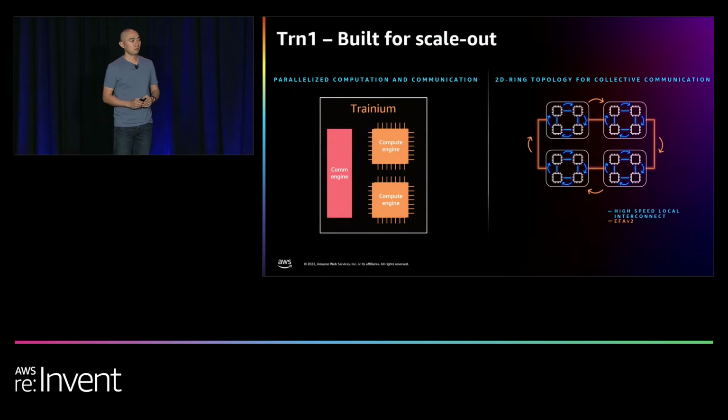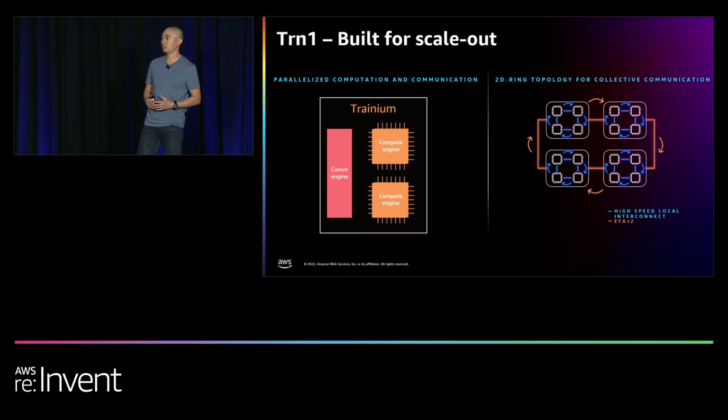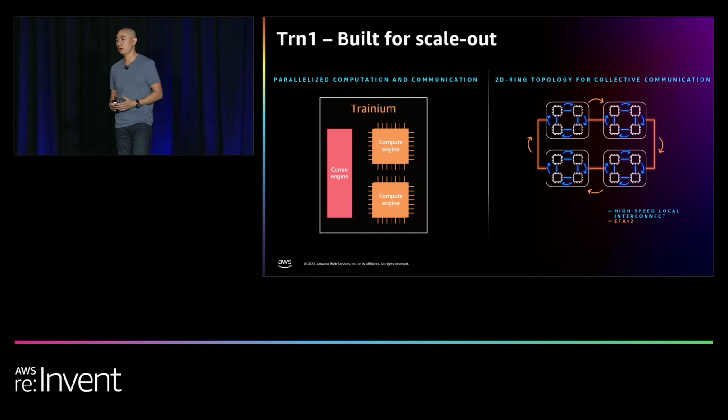For those of you who are familiar with large-scale training, especially distributed training, you know that collective communications ops, we call them collective ops for short, are very important, right? The more efficient, the faster you can run those collective ops, the faster you can train across multiple machines within a cluster.